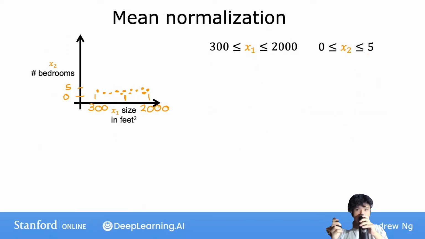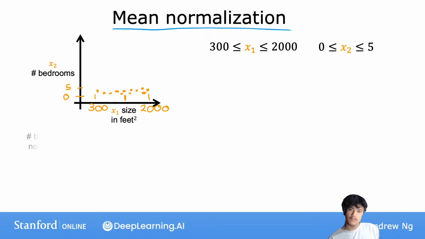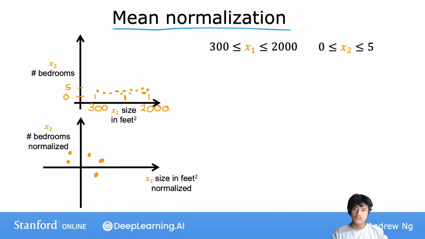In addition to dividing by the maximum, you can also do what's called mean normalization. What this looks like is, you start with the original features, and then you rescale them so that both of them are centered around 0. Whereas before they only had values greater than 0, now they have both negative and positive values, but usually between -1 and +1.